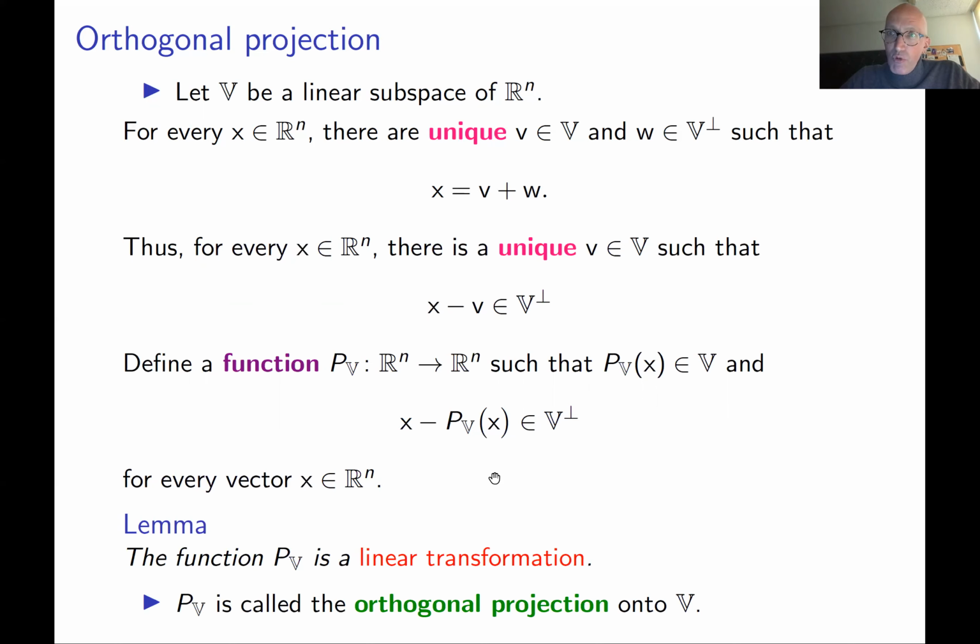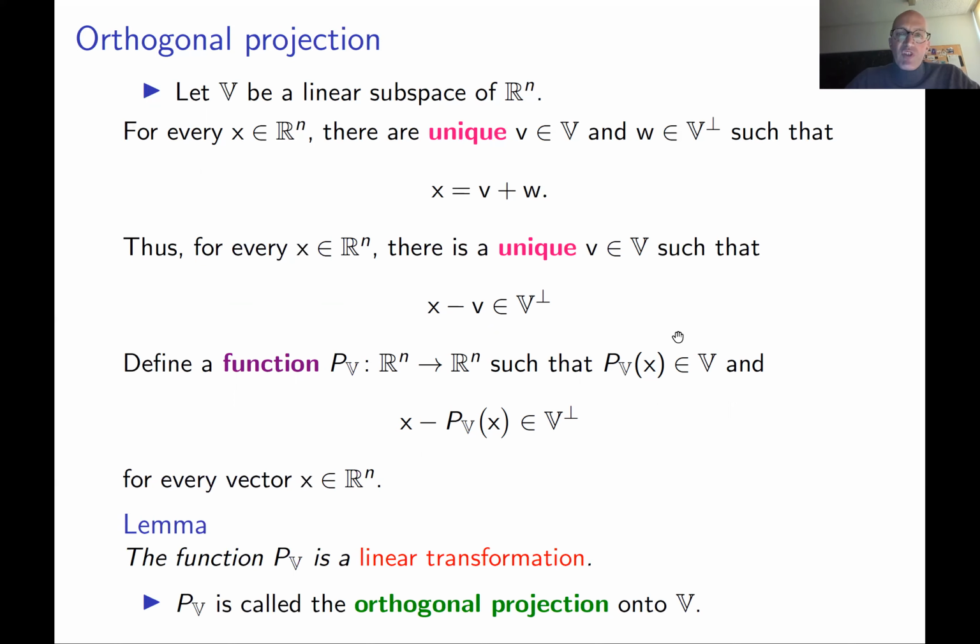This is not complicated, but let's not do this now. I strongly suggest you prove this by yourself or read the proof in the lecture notes. You basically have to use these two properties, this and this.